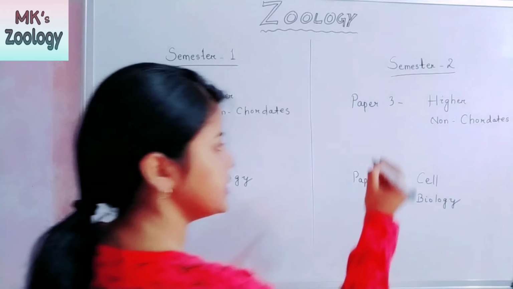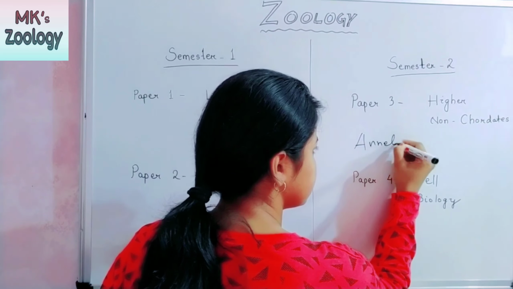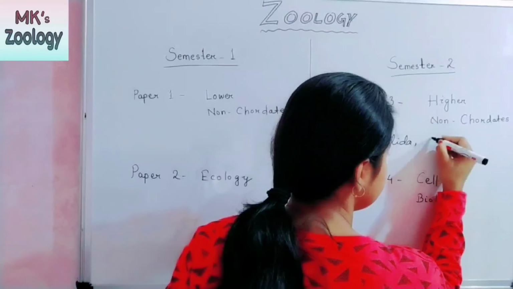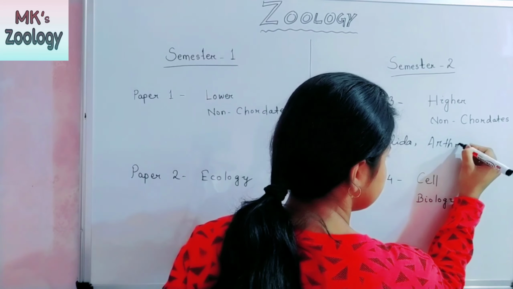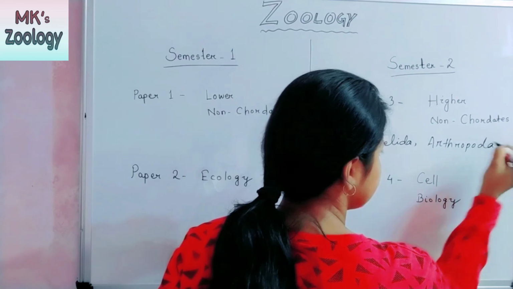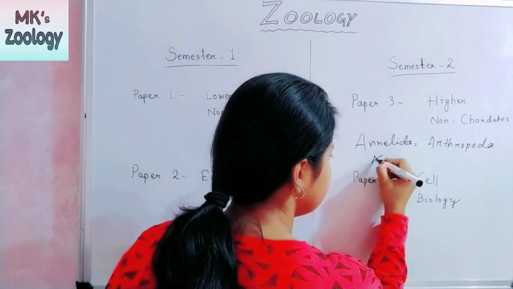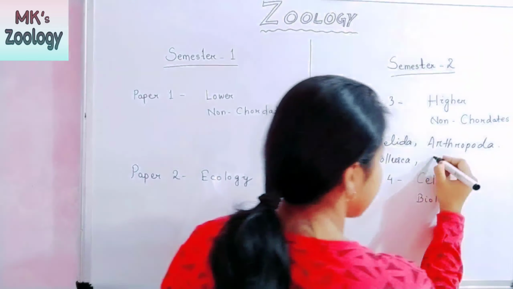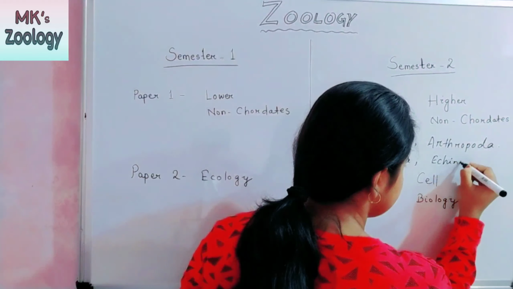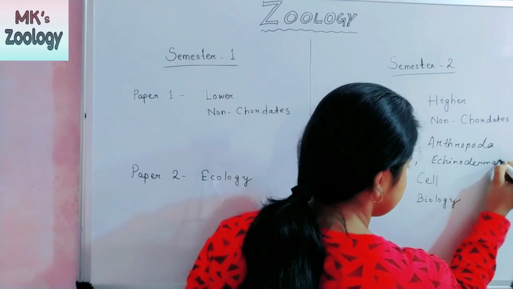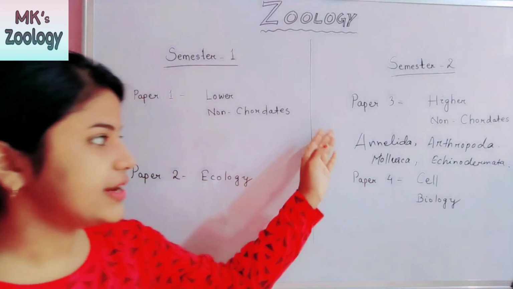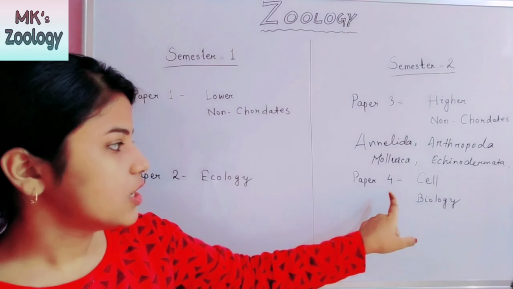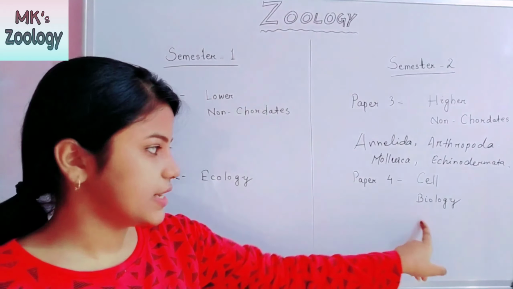Phylum 1 that is Annelida, phylum 2 that is Arthropoda, and phylum 3 that is Mollusca, and phylum 4 that is Echinodermata. There are four units: Annelida, Arthropoda, Mollusca and Echinodermata. Then the next paper is paper 4 that is cell biology.